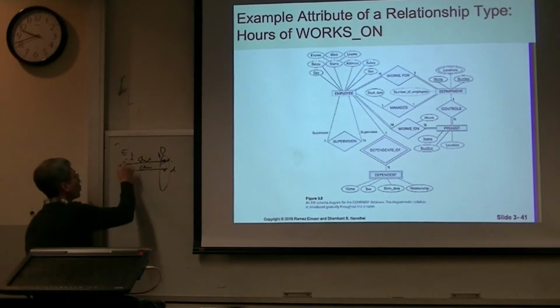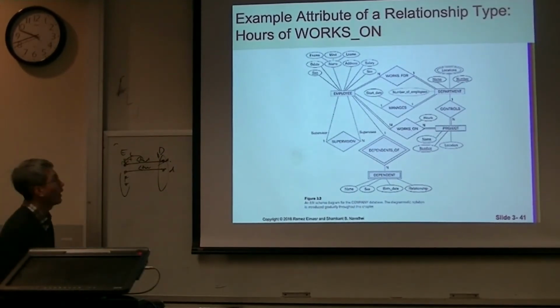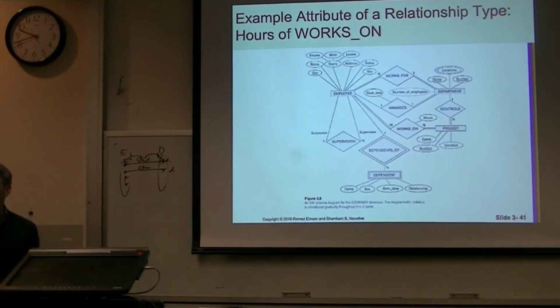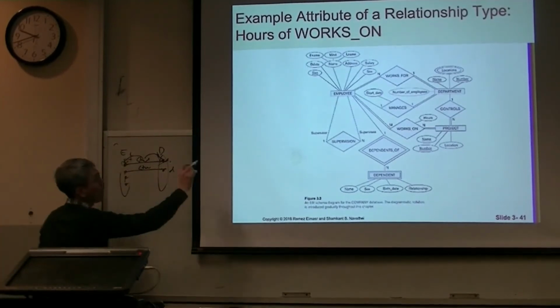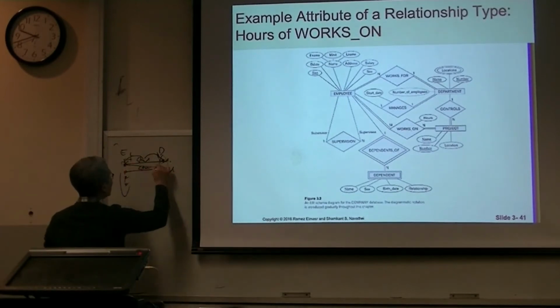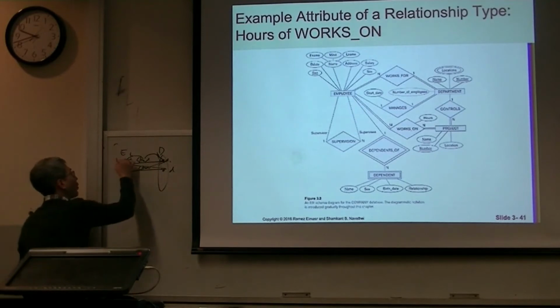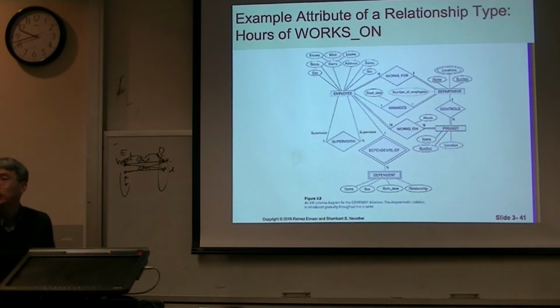You can put this attribute on the employee side, or you can put the start date on the department, because it's one-to-one mapping. It's the same relationship. However, in the case of works on, which is many-to-many, you cannot put the hours here because you don't know how many hours are worked on each department.